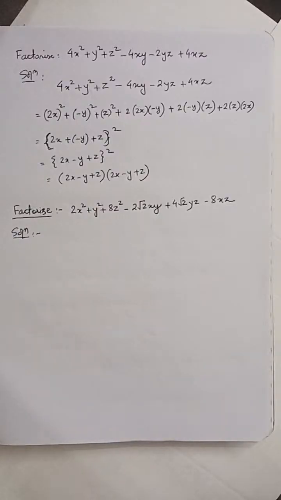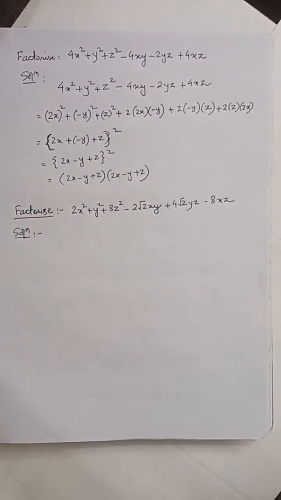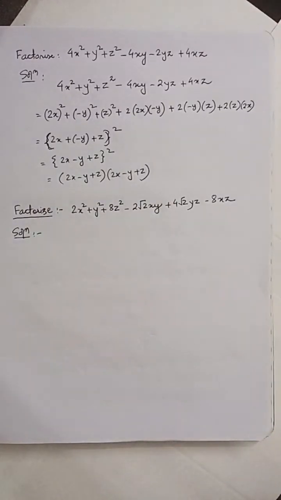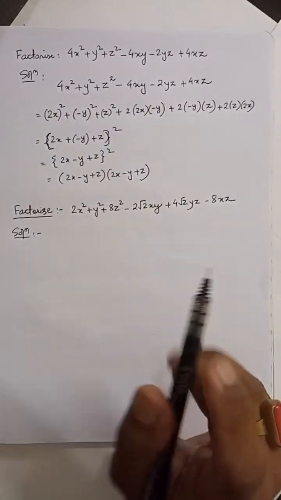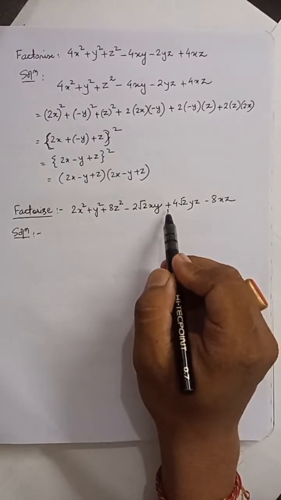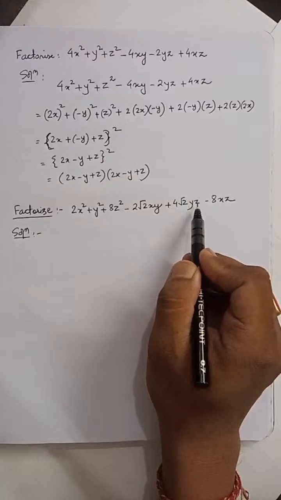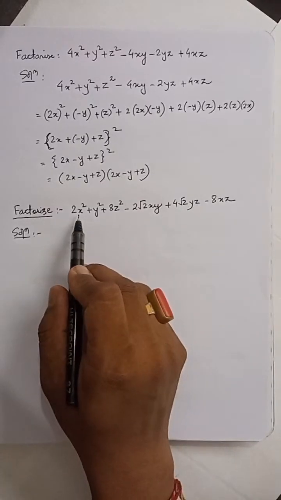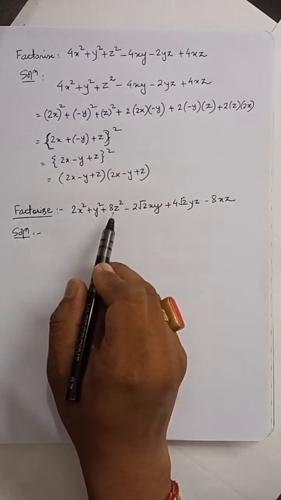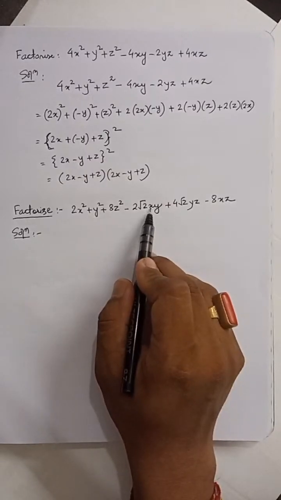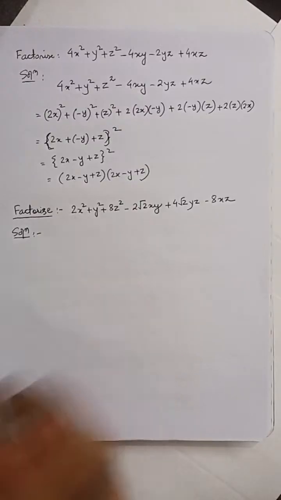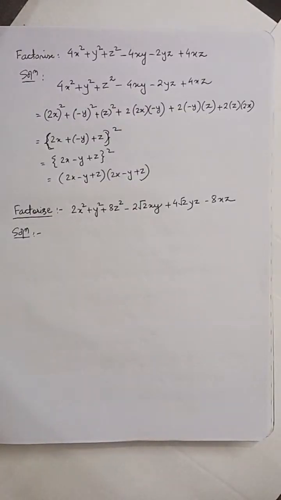But first, since we have two negative terms, the fourth term and the sixth term, we have to find out which among the three is negative. So this term is positive and we have y and z. That means the terms containing y and z are positive and the terms containing x are negative. So out of these three terms, the first term, the term containing x, will be negative.